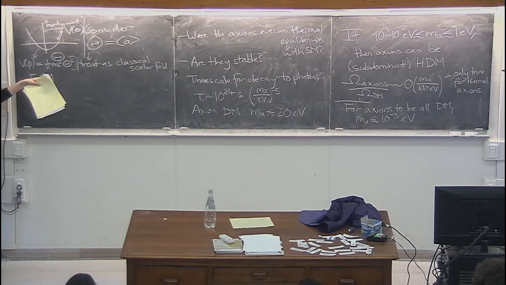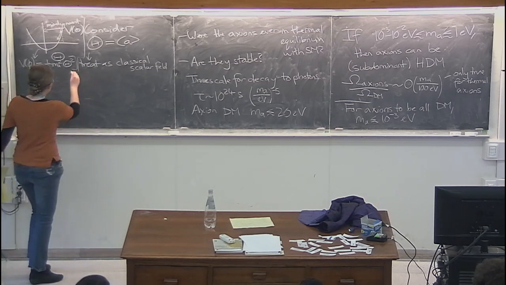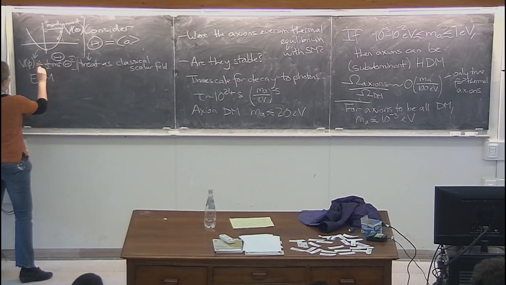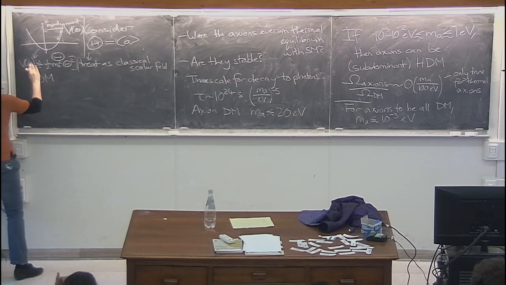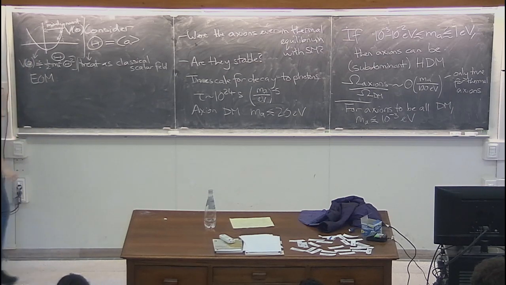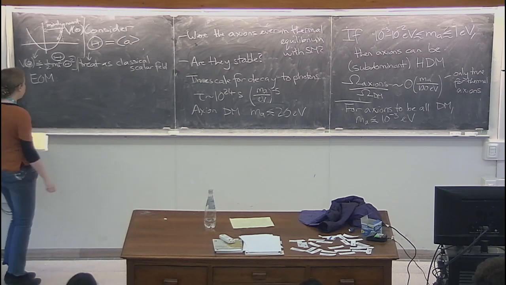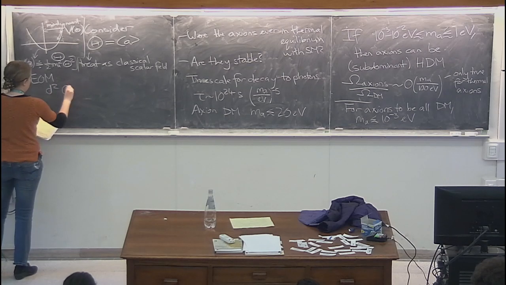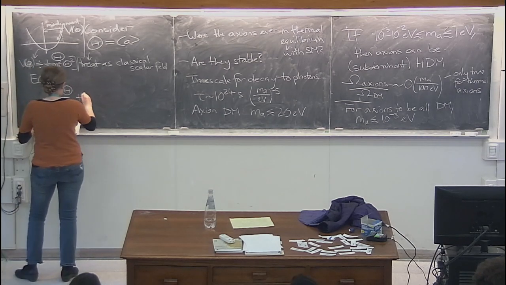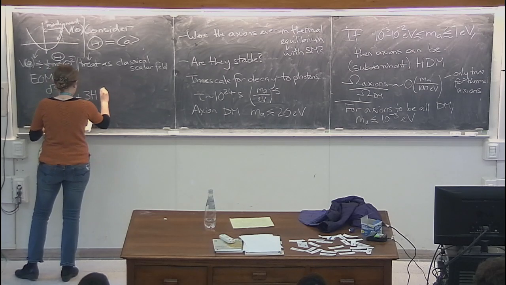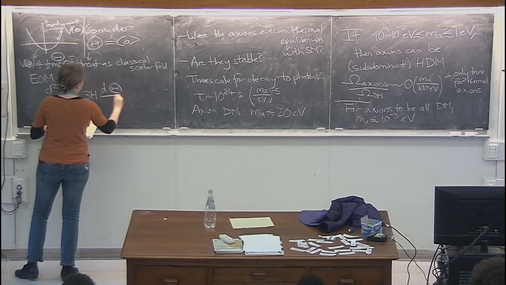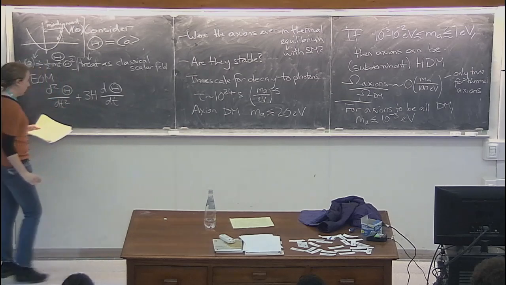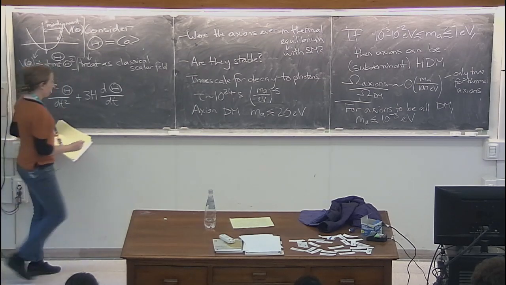Close to the minimum, we can just approximate the potential like this. So that tells us that our equations of motion are the equations of motion for a scalar field in an expanding universe. So we have these two terms which describe the redshifting of the field, and then a term which comes from the derivative of the potential.